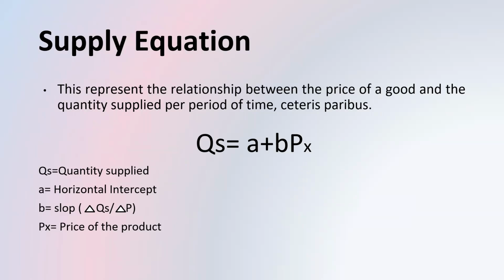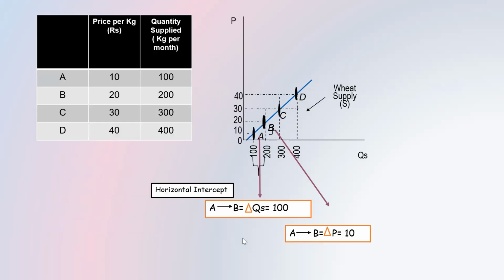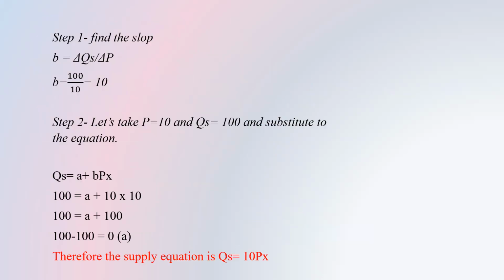And B means delta Q divided by delta P. Just as we substituted values when calculating the demand equation, likewise for the supply equation we can calculate the values. You can see here how we substitute values for A and B.